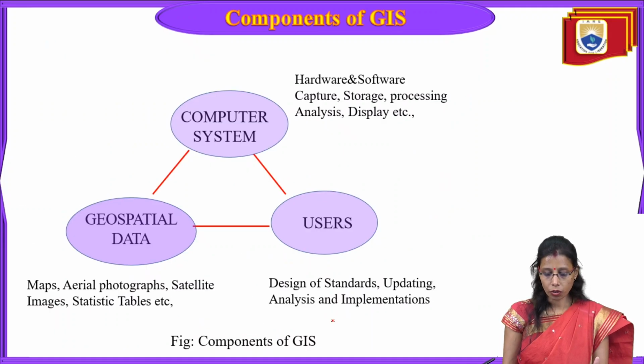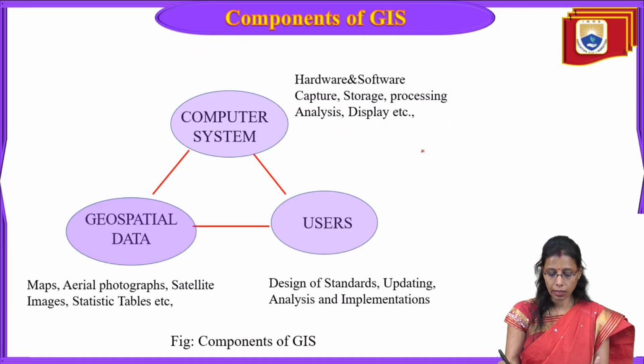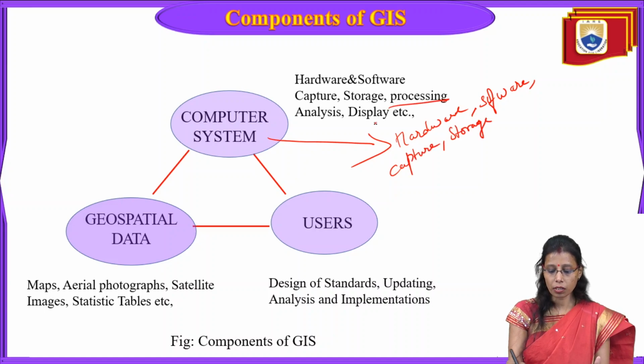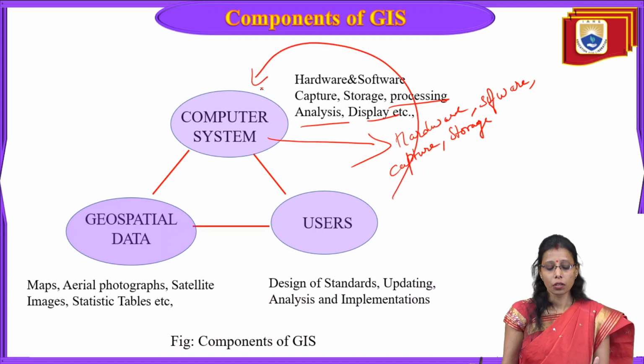This is how the components of GIS look. When we talk about the computer system, it is about hardware, software, and capture, storage, processing, analysis, display. Next, geospatial data.